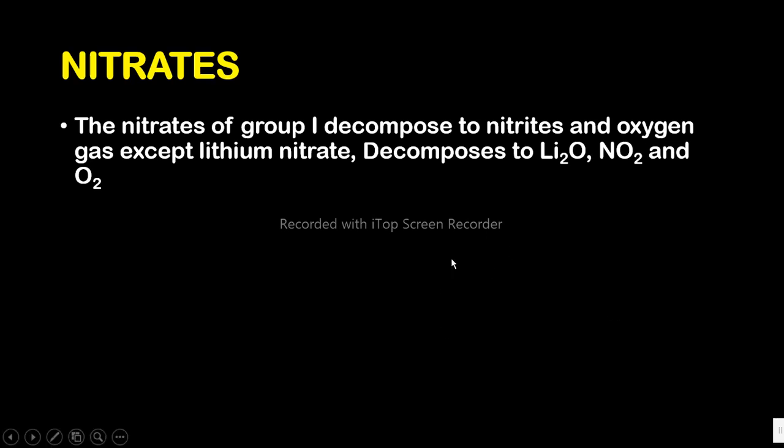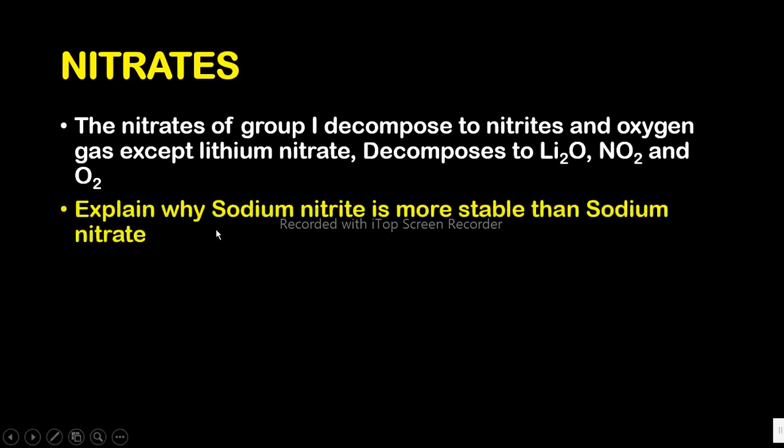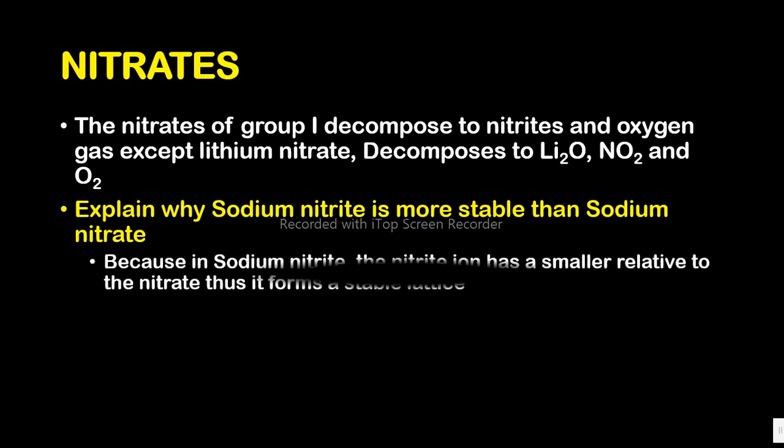Now, so we have an explanation. Explain why sodium nitrite is more stable than the sodium nitrate. So why are we decomposing from sodium nitrate to form the sodium nitrite? Why? So it is simple.